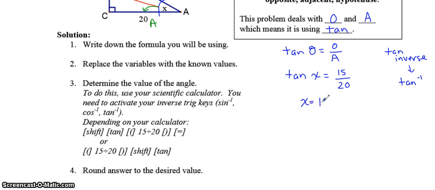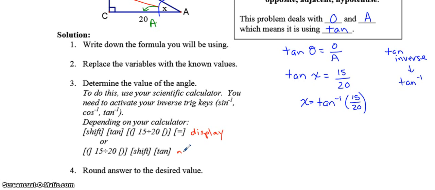And now you're going to take the tan inverse of the right side. And to type this into your calculator, you would press shift tan, bracket 15 divided by 20, close the bracket, equals, if you have a display calculator.